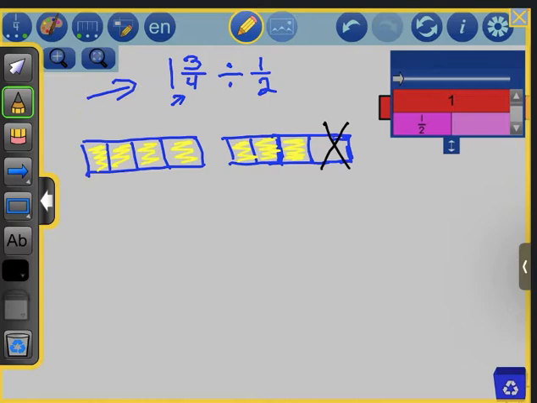And now I am going to divide them, right, and find out how many halves I can find in 1 3/4. And I know in the other videos, and we've talked about in class, using the LCM. In this case, we could use the LCM, but we'd have to really change a couple things around.